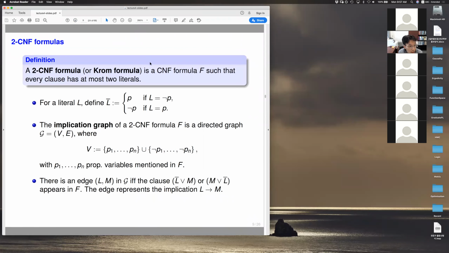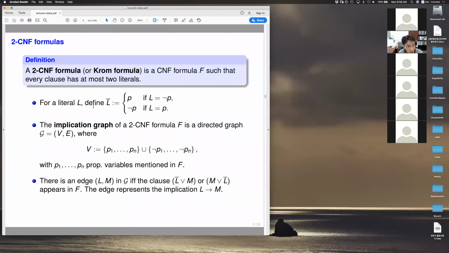I didn't really include any examples, but I think the definition is quite clear. If a clause contains 3 literals, then it's not a 2CNF formula. And we're going to design an algorithm for this 2CNF formula.